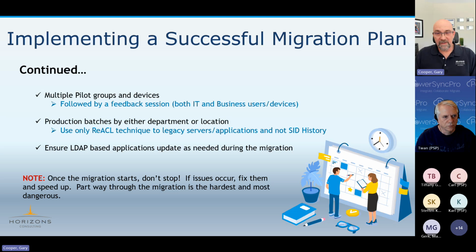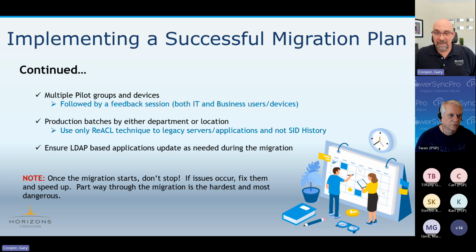That's a much cleaner and much more secure way to do it than using SID history, but both are available to you if you need them. Again, as I mentioned before, if you have a Linux or Unix-based application that uses LDAP for authority to Active Directory, you need to make sure that those are updated properly.